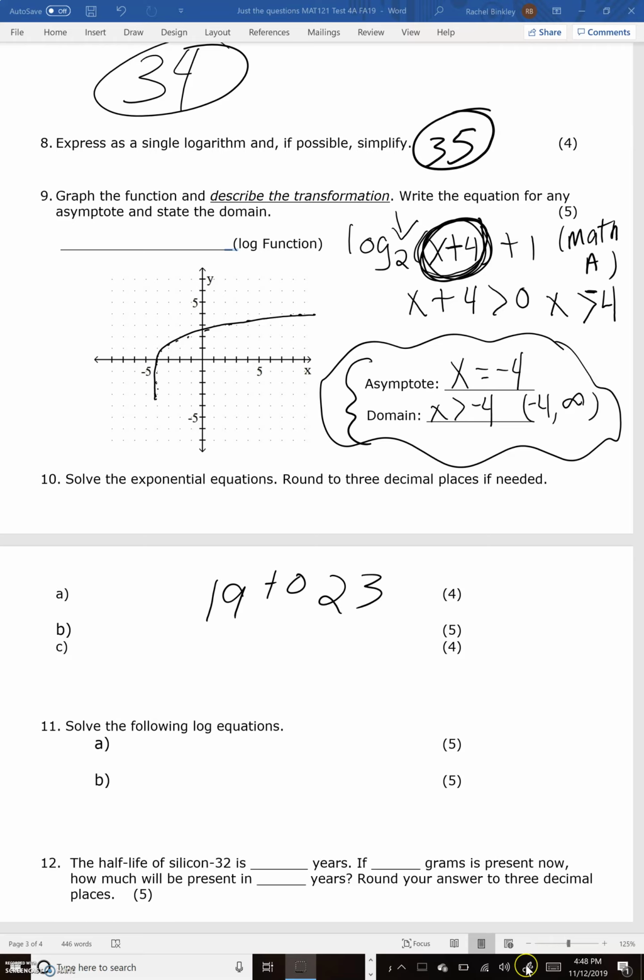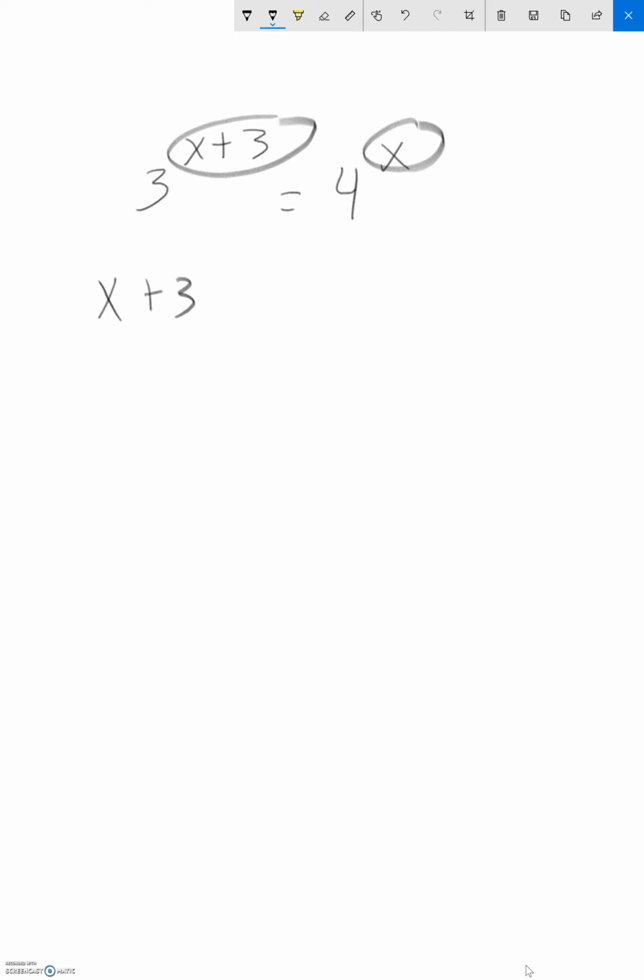But if we go back to the drawing board, literally, and do 3 to the power of x plus 3 is equal to 4 to the power of x. If I take the log of both sides to bring these exponents down, I'm going to have x plus 3 times log 3 equals x times log 4.